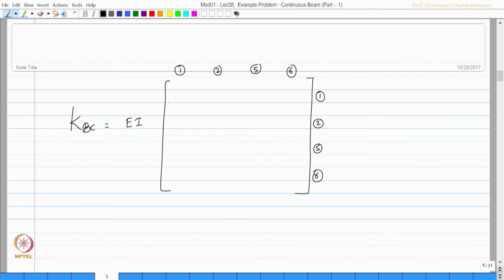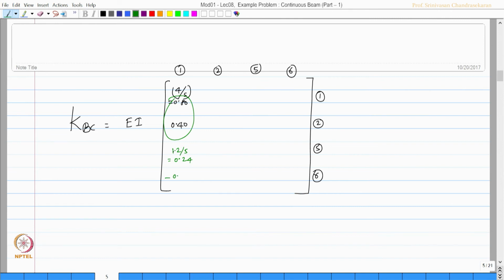So, the first entry is going to be 4 EI by L. EI is constant, so simply it is going to be 4 by L, L is 5 meters, which is 0.8, and this is going to be half of that, which is 0.4, and this value will be the sum of these two by L, that is 1.2 by 5, which is 0.24.